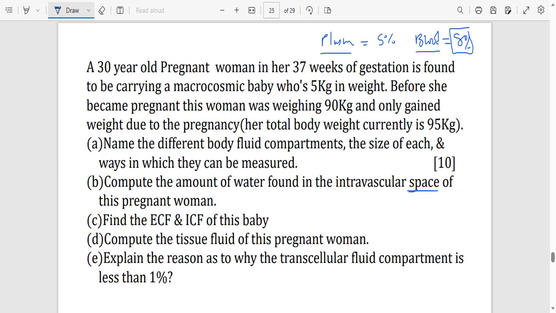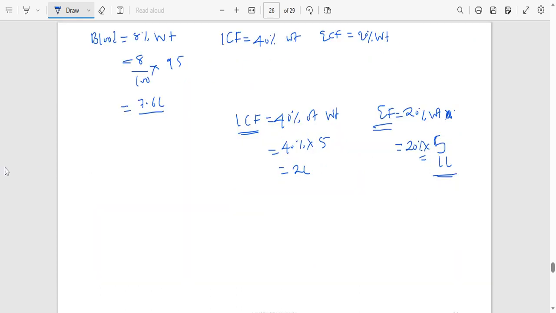compute the tissue fluid of this pregnant woman. What is tissue fluid? Tissue fluid is the fluid which is found between cells. So basically, if we are talking about tissue fluid, we're simply talking about interstitial fluid. We already know that plasma fluid is 5% of the weight.